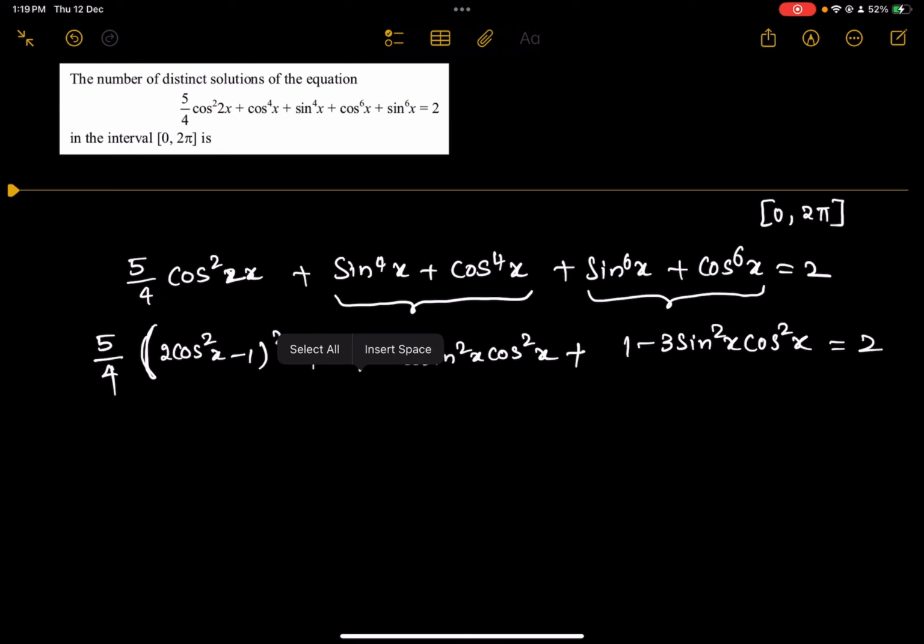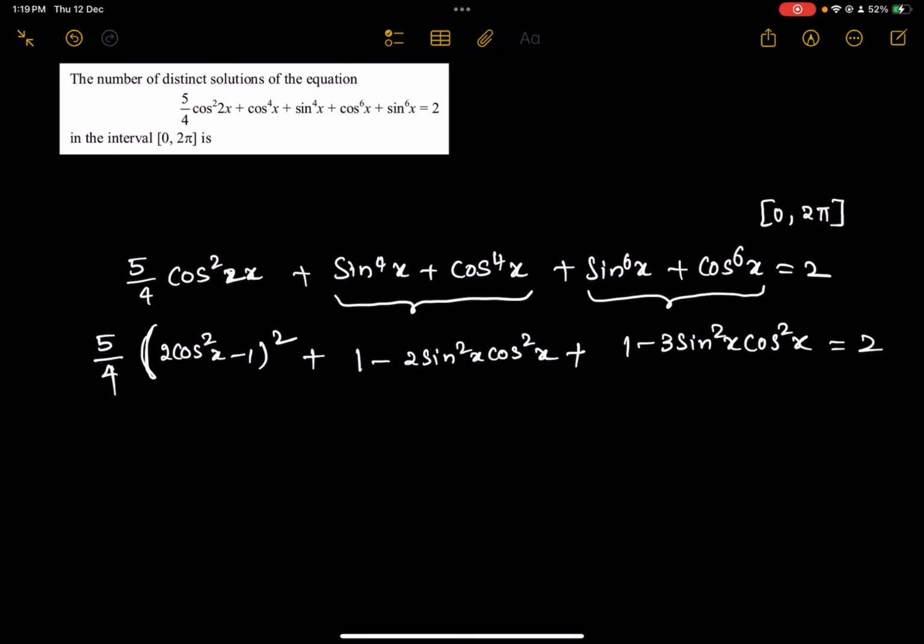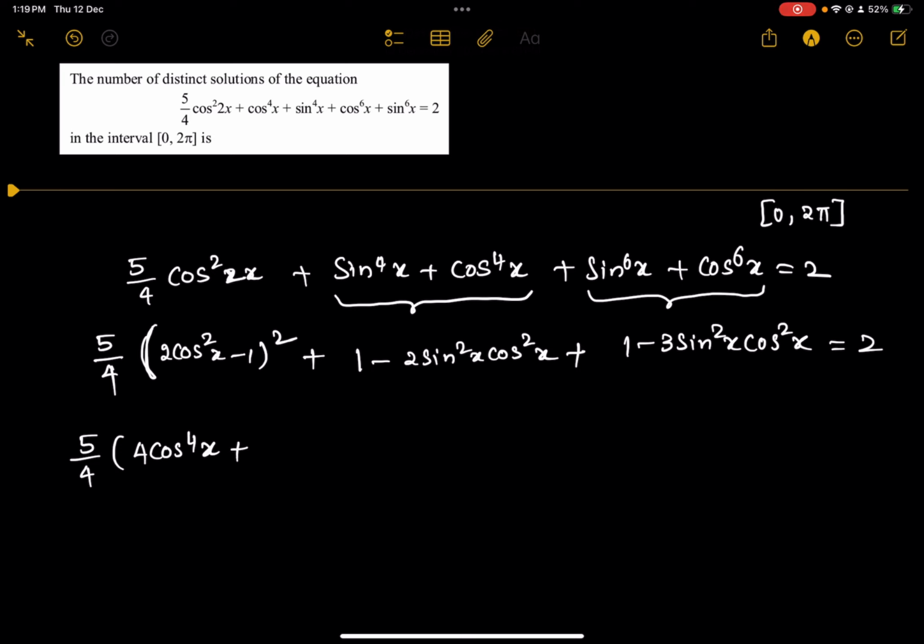Alright, now let us go ahead and simplify this. So 5 upon 4 times (4 cos power 4x plus 1 minus 4 cos square x) plus 1 minus 2 sin square x cos square x. Sin square x can be written as 1 minus cos square x.